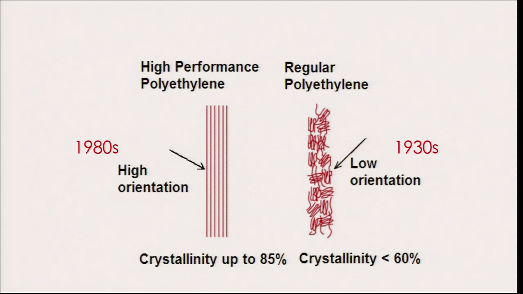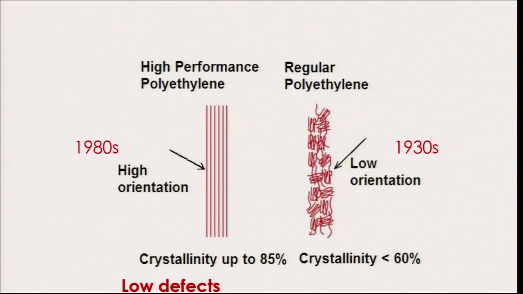When we do this, the crystallinity of the fiber increases up to 85%. It has very high degree of orientation and almost minimal defects. So, this is what is actually contributing to the high performance properties.